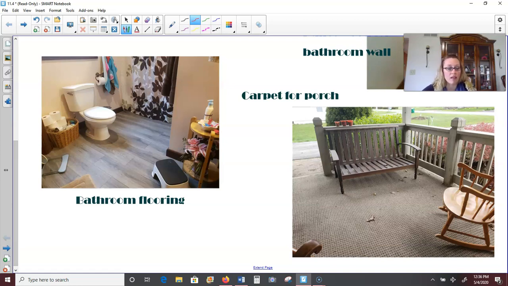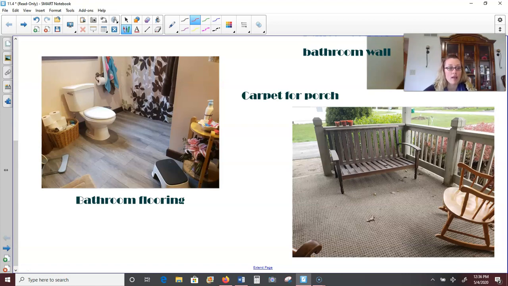And finally, I was exploring out on my porch, and at some point coming up, I'd like to get some new carpeting for my front porch. And in order to do that, I would need to know the area of this porch so that I can go out and get the right amount of carpet.